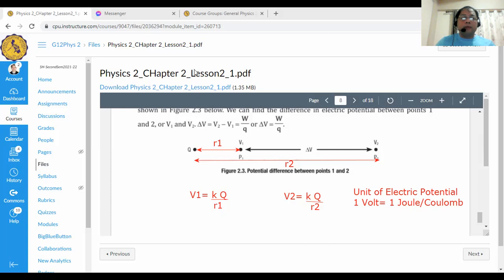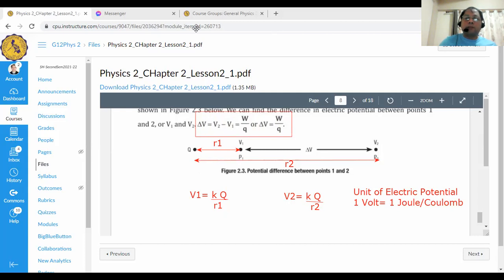So again, we have our value delta V. So if you have 2 points, then that will be equivalent to this given equation.